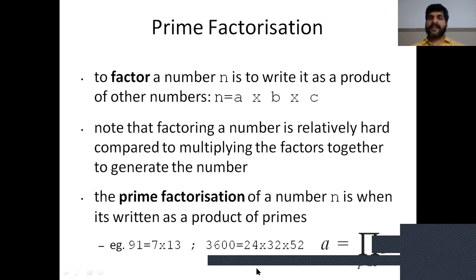The prime factorization of a number n is written as a product of primes. 91 equals 7 multiplied by 13. Similarly, 3600 equals 2^4 times 3^2 times 5^2.